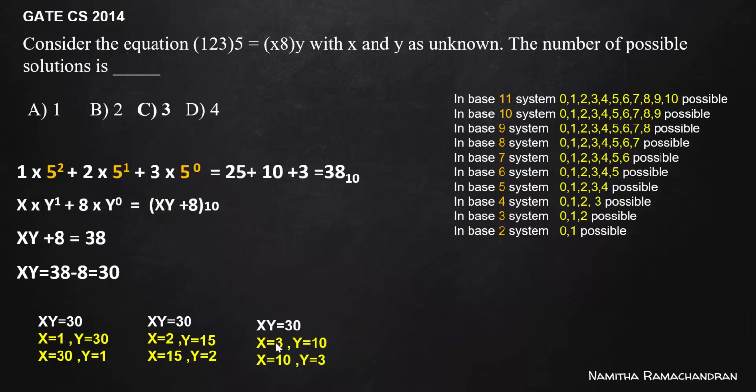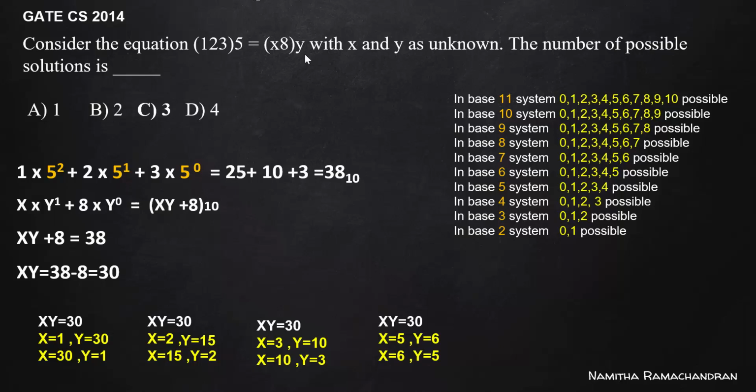Next option, x equal to 3, y equal to 10, or x equal to 10, y equal to 3. One more possibility is x equal to 5, y equal to 6, or x equal to 6, y equal to 5. So these are the 8 different possibilities for x into y equal to 30.